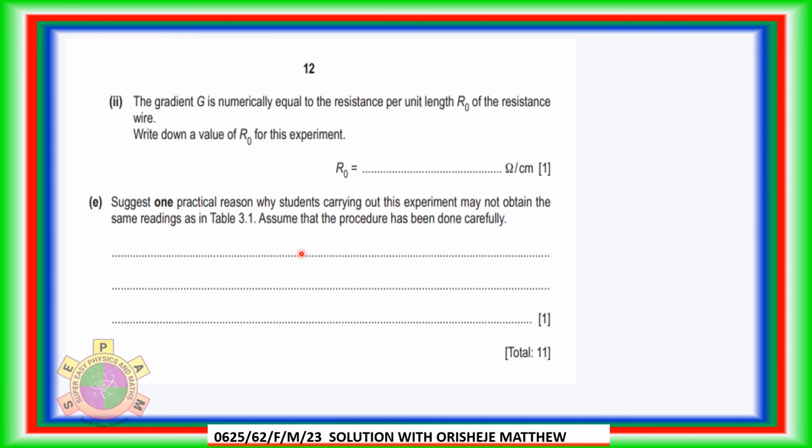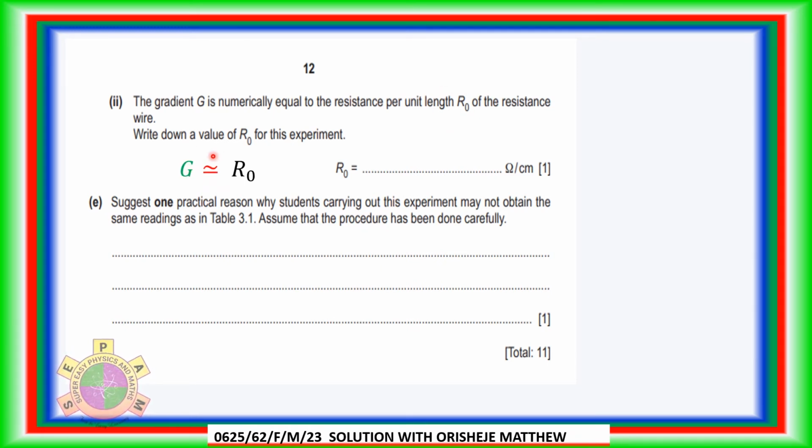The next question. Now the gradient G is numerically equal to resistance per unit length R0 of the wire. Now write down a value for R0 for this experiment. This is critical reasoning. This question is a giveaway. The gradient is numerically equal to resistance per unit length. So whatever you get as your G, write it as your R0.